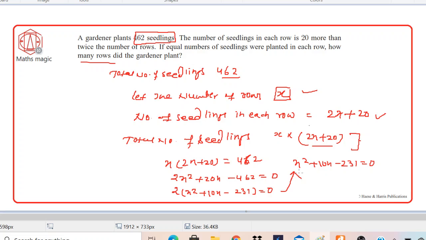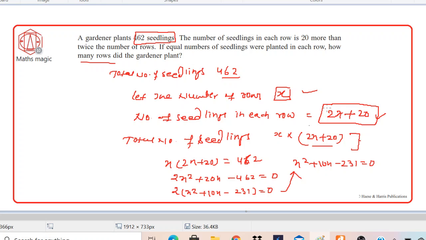Then we have relevant information with the number of rows: the number of seedlings in each row is twice the number of rows plus 20 more. So we have this expression 2x plus 20, which represents the number of seedlings in each row.